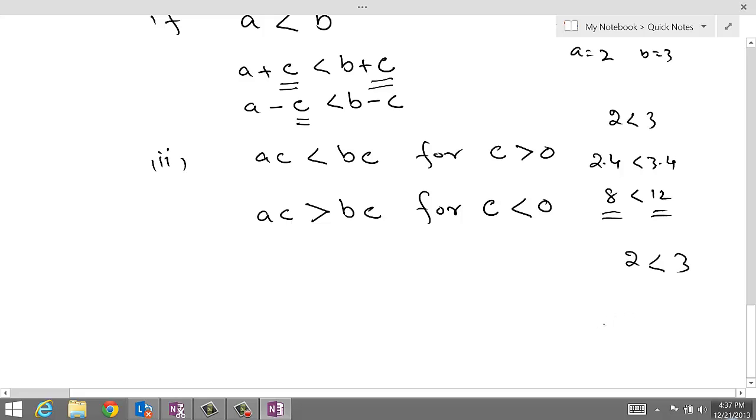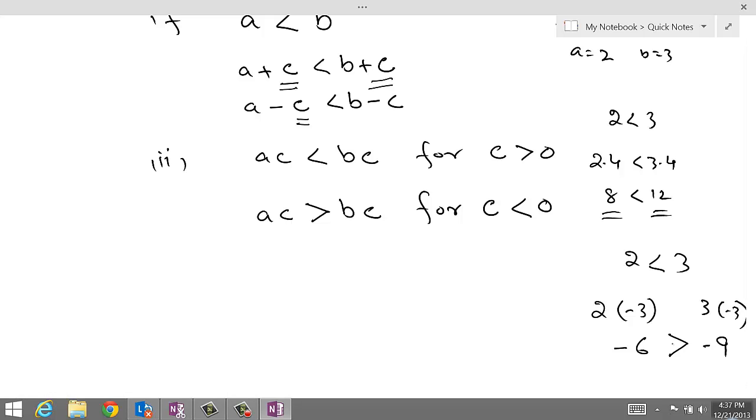If you multiply minus 3 on both sides, 2 times minus 3 and 3 times minus 3, you can clearly see that 2 times minus 3 is minus 6, and 3 times minus 3 is minus 9. So which comes on the left side? Minus 9 comes on the left side. So in this case, minus 6 is greater than minus 9. This means that in the inequality, when you multiply with a negative number, the inequality sign will change.